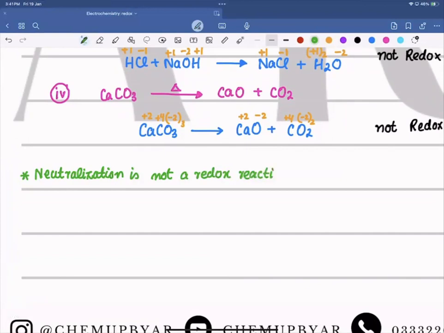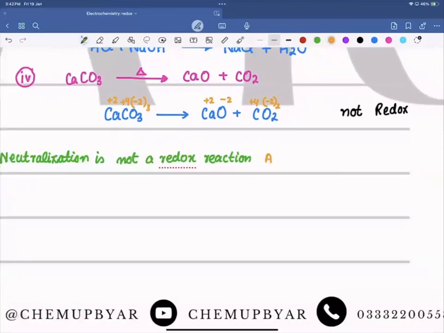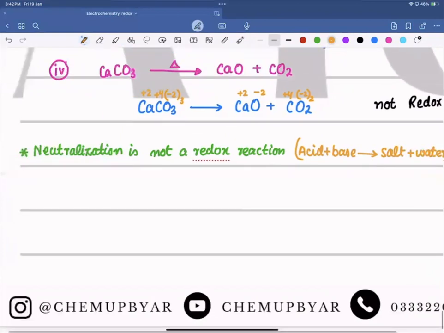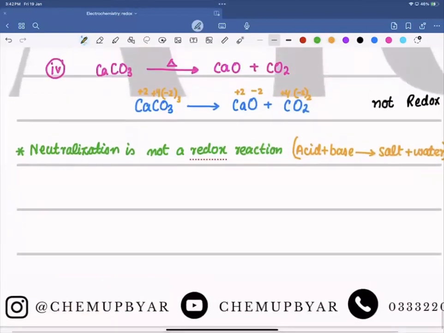If there is any reaction in which acid and base are reacting and forming salt and water, that reaction is not a redox. Is this clear to all of you? Yes, sir.